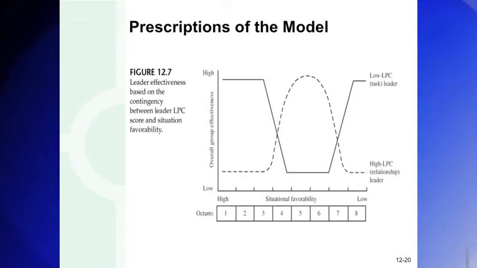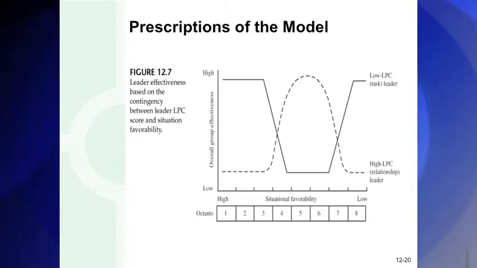The prescriptions of the model are displayed in 12.7, and as situations go from high to low favorability, the LPC relationship is stated, with the leader being low. And with high LPCs, that is the task leader, the octants or the favorability is low.